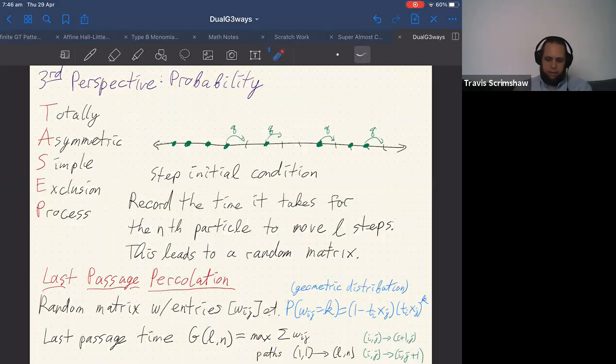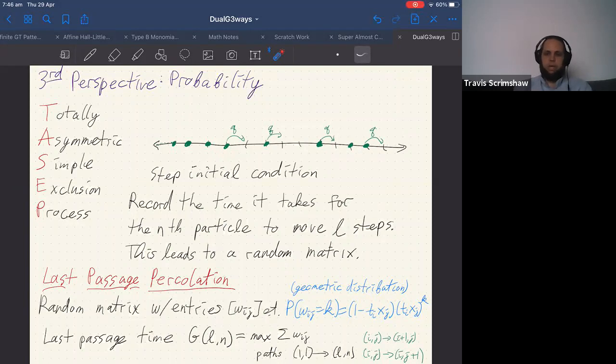And how this model works is, well, each particle independently can jump to its right with probability q if there's no particle immediately to its right. And so here's a particular state in this model, and these are the particles that can move to the right, and they will do it with probability q.